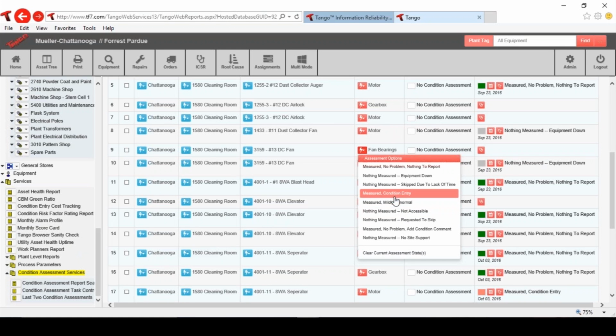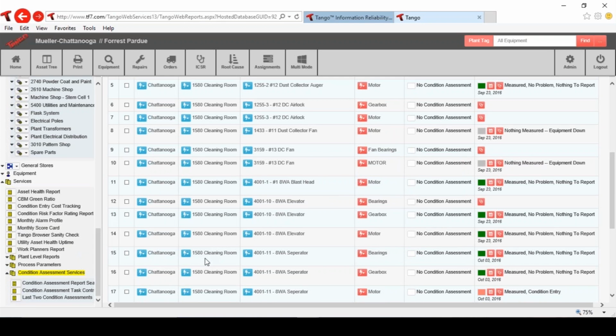Measured mildly abnormal is kind of special. Most anything where I do a condition entry ends up on an integrated condition report. So if I want to keep track of things, but I don't want them on the integrated condition report, I'll do a mildly abnormal. Then measured condition entry documents the problem, and then nothing measured, equipment down, skipped, various reasons, are telling the system that that piece of equipment wasn't measured.